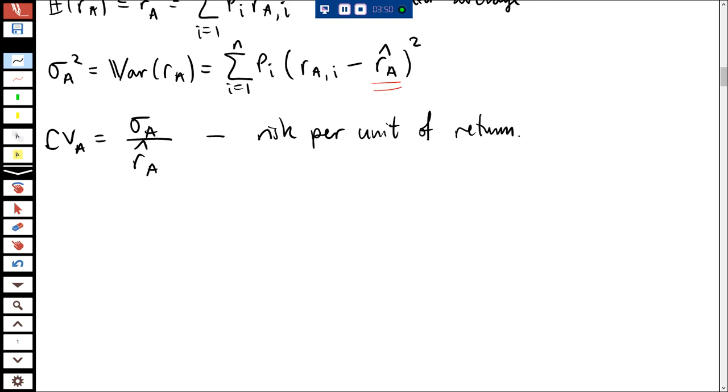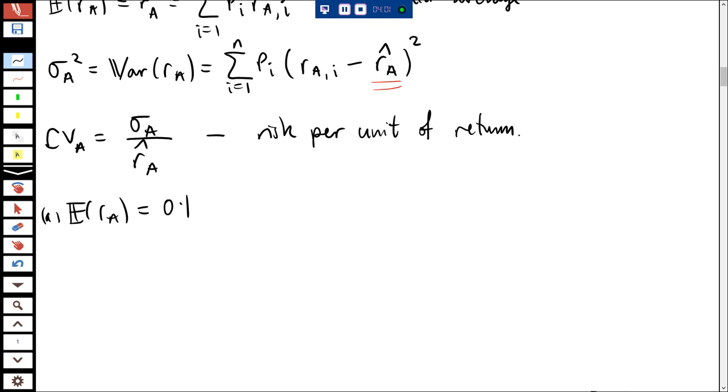Part A. The expected return for stock A is the weighted average. So the first outcome is a 10% return and a 0.1 probability of it happening. The second outcome, 2%, and there's a 0.2 probability of that happening. Okay, and just so on.